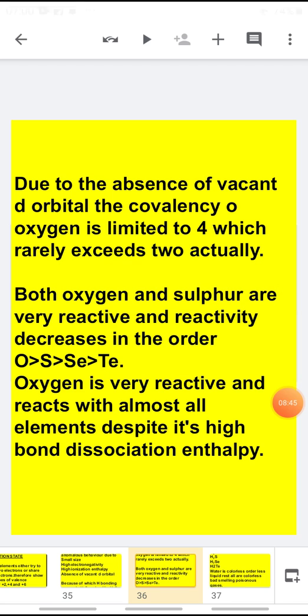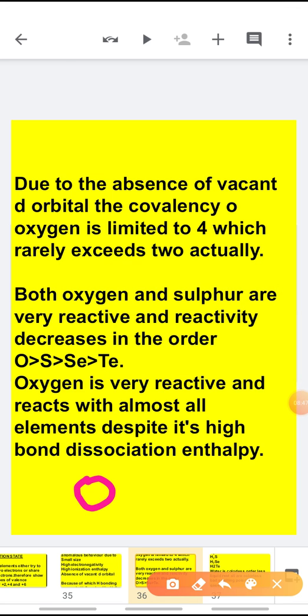You know that oxygen in the atmosphere is present in the form of O2, and in the O2 molecule, 2 oxygen atoms are joined through a double bond. Still, it is very reactive. It reacts with almost all the elements, but it has high bond dissociation enthalpy. This enthalpy is overcome, the bond breaks, and still the oxygen can react.